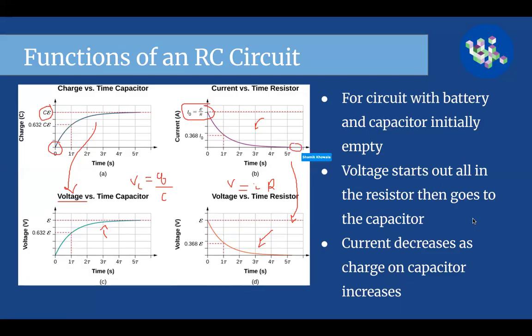So immediately after the switch is thrown, the capacitor acts like a wire, but after a long time, it becomes like a short circuit, like an off switch.